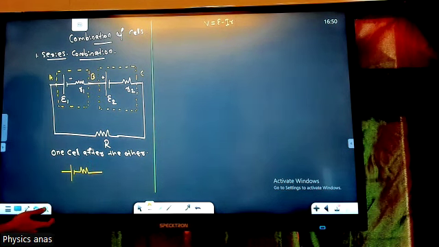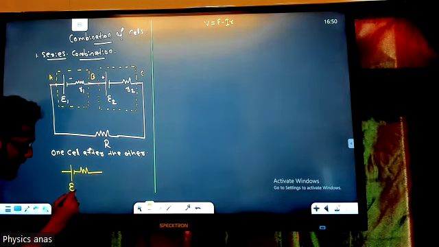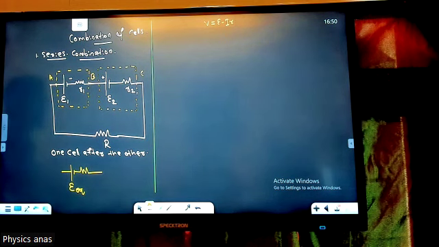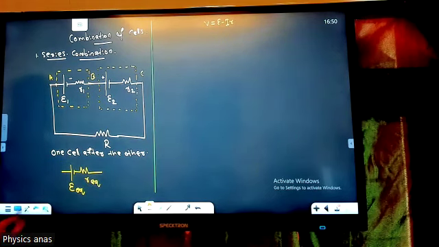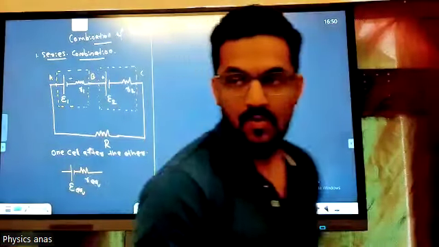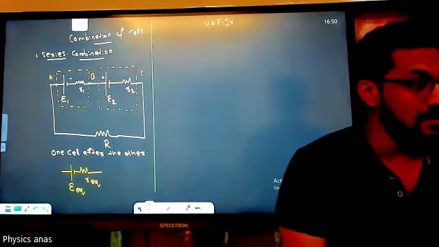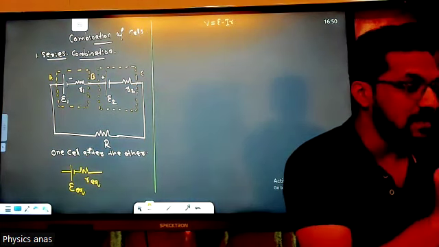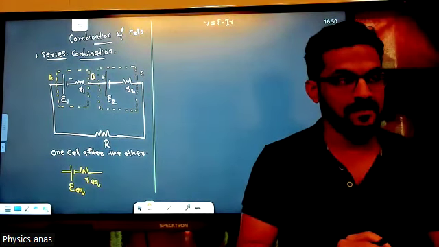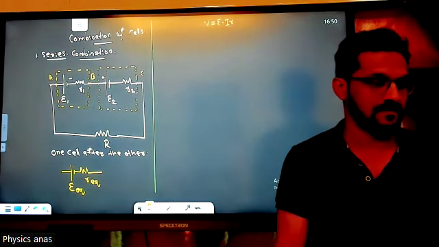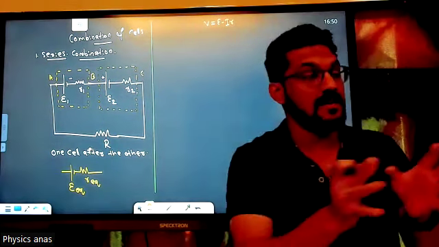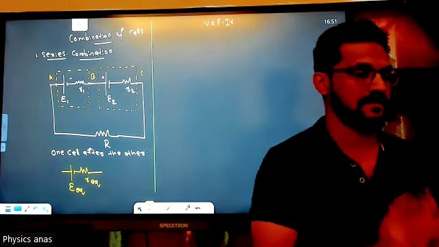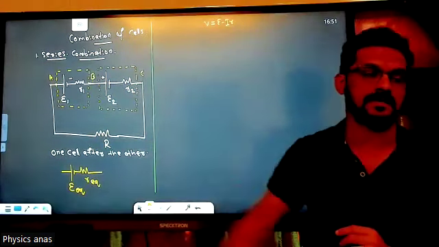That one EMF will be the equivalent EMF, and that one resistance will be the equivalent internal resistance. When we are combining, there will be a combined EMF and a combined resistance. We have to see this combined EMF and combined resistance.